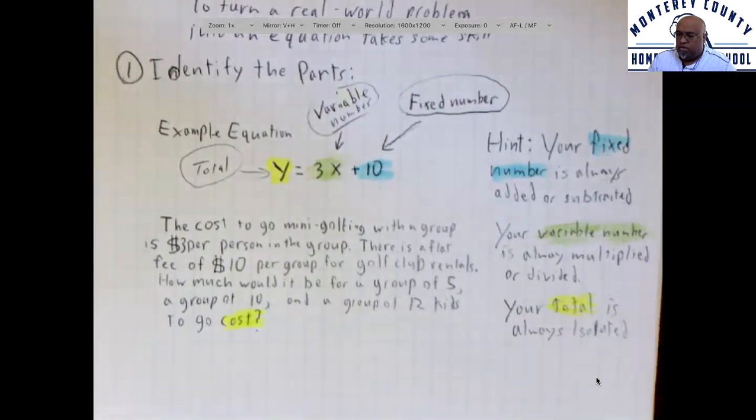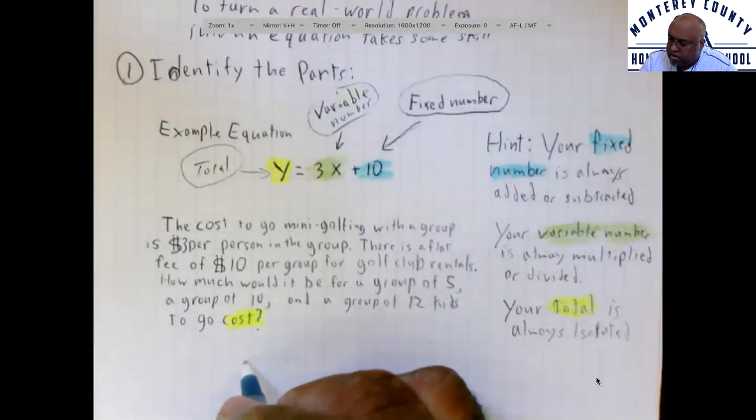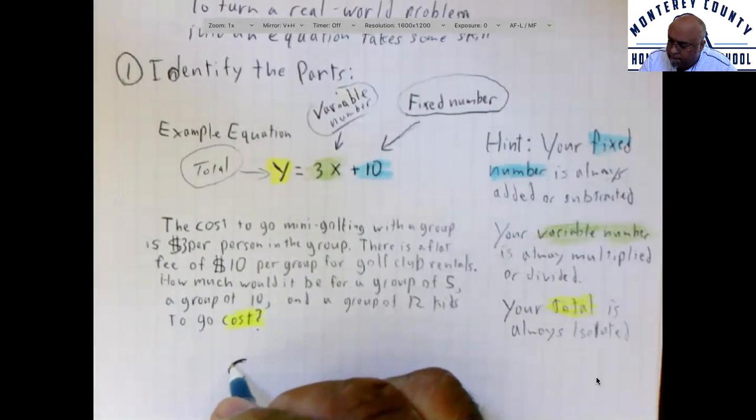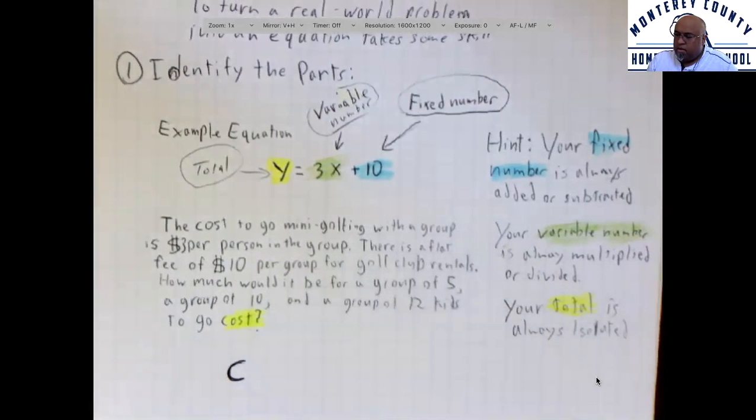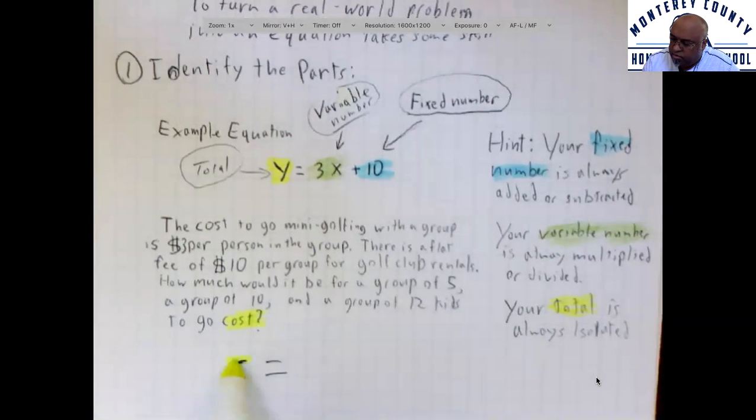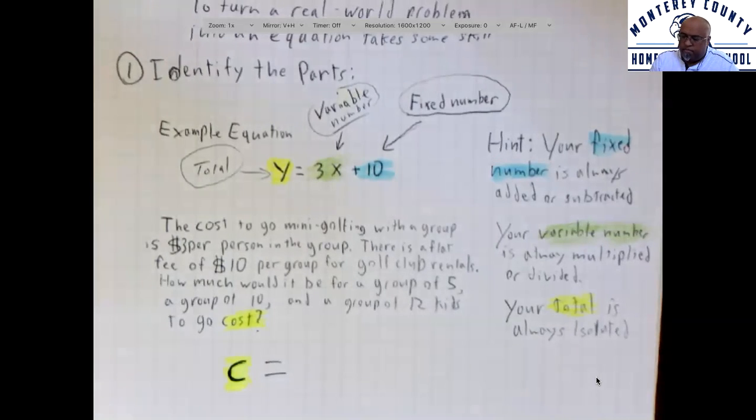Now, since that's cost, I'm going to go ahead and call it C. Now remember, the total is always isolated, okay? So, since I know that this represents my total, then I'm going to isolate it and put it by itself.